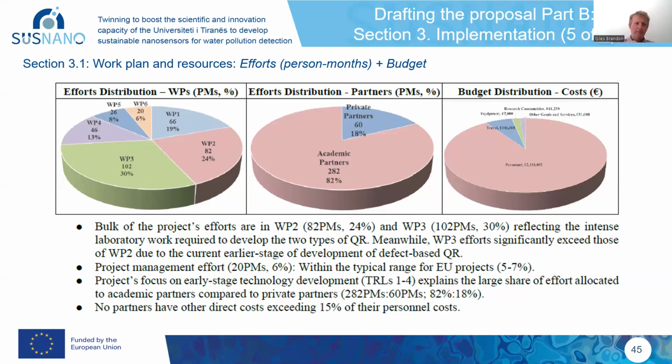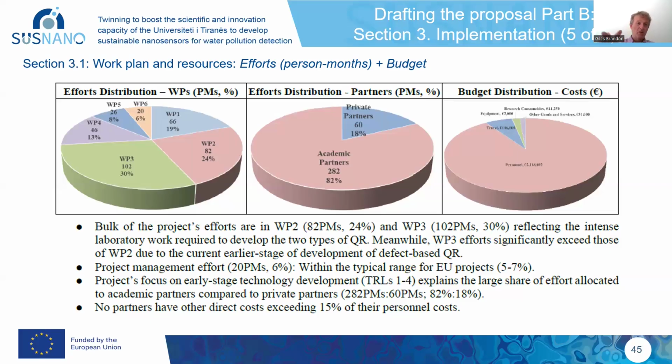In a similar vein, in this particular project, work package 5, so work package 6 was the one dealing with project management. In this particular project, work package 5 was the one dealing with dissemination, communication, exploitation. Now, again, it's only a general rule, but if you're dealing with a research and innovation action, I would say make sure to keep the person months for this work package below 10% of the total number of person months for your project.